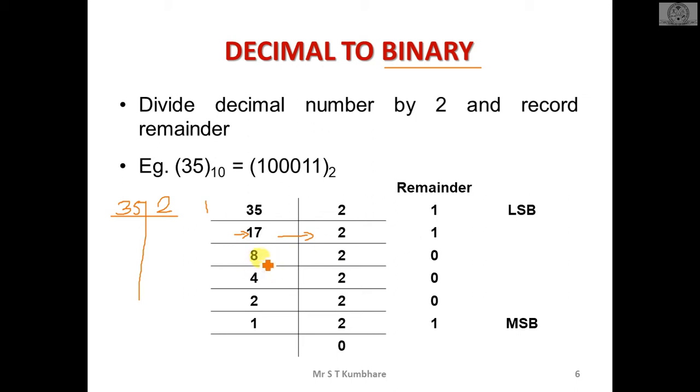Then again, this 8 is divided by 2, and you get quotient 4 and remainder 0. Again, 4 divided by 2 is 2 and remainder is 0. Then 2 divided by 2 is 1 and remainder is 0. 1 divided by 2 is 0, and the remainder is 1.